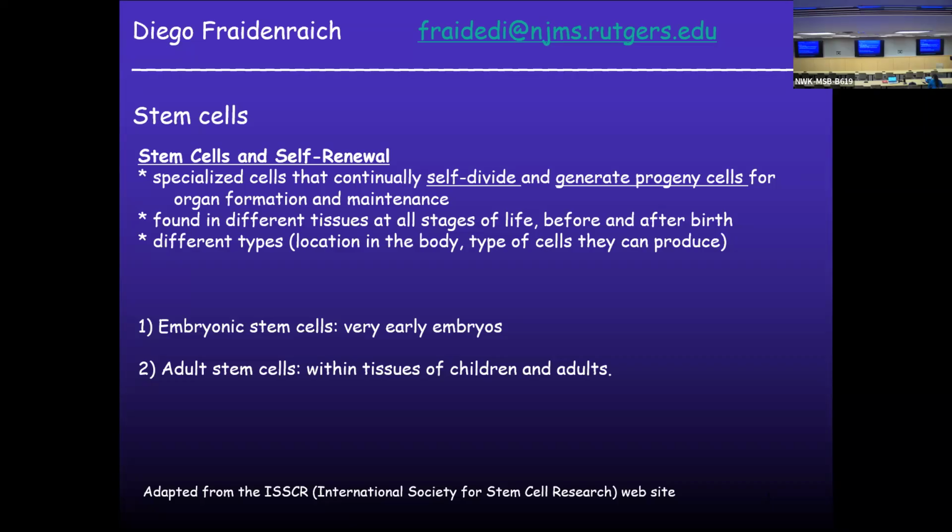So the main feature of the stem cells, two features. One is specialized cell that continually self-divide. That's one feature, and generate progeny cells for organ formation and maintenance. So the stem cell has an extraordinary ability to do two things: to sense the environment and to say, okay, I'm going to generate more of these cells, self-divide.